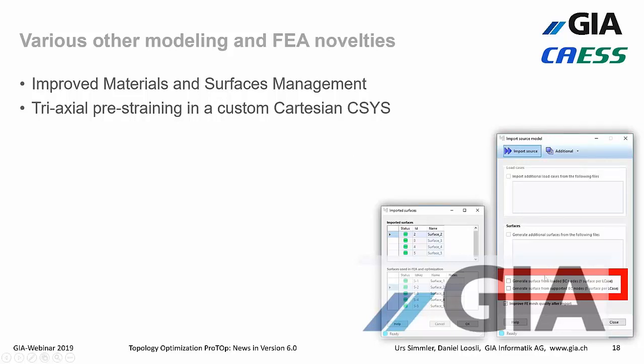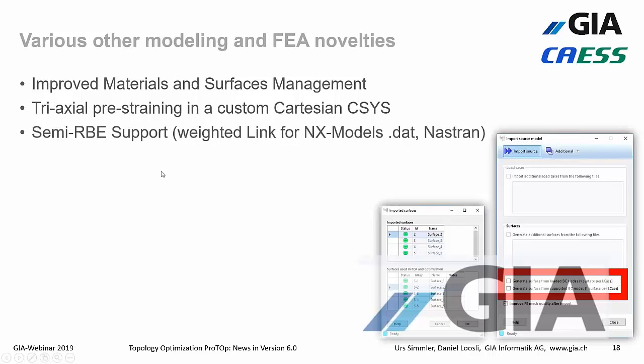When you import the components, you'll see that on every loaded surface there will be a face or surface created. You can pre-stress or pre-strain the component in the direction of a specific coordinate system.